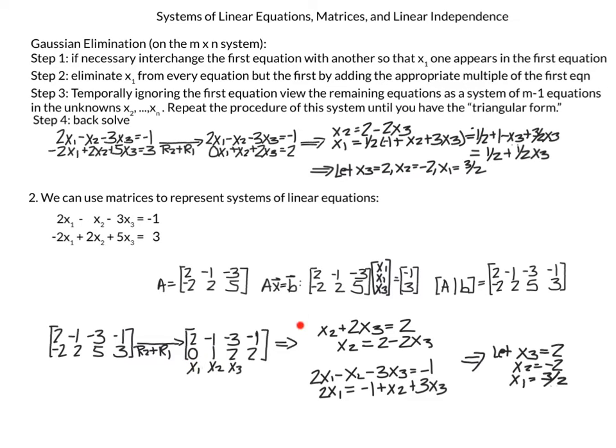I have 0x1, so that's just 0, plus x2 plus 2x3 is equal to 2, which is the same thing that I had here. And then I have my 2x1 minus x2 minus x3 is equal to -1, which is the same equation I have here, except I divide it out by my 2. So we get the same solution.